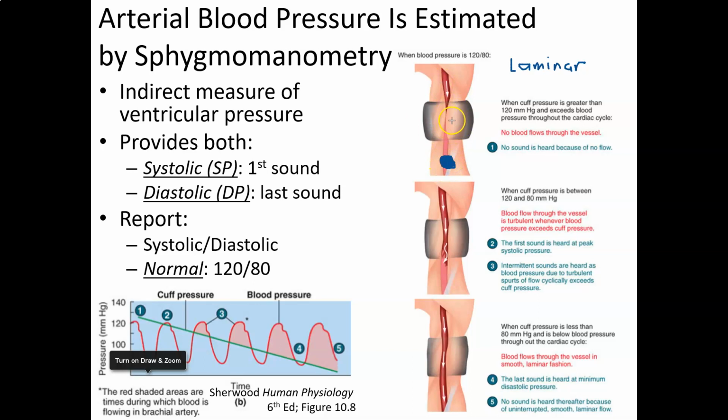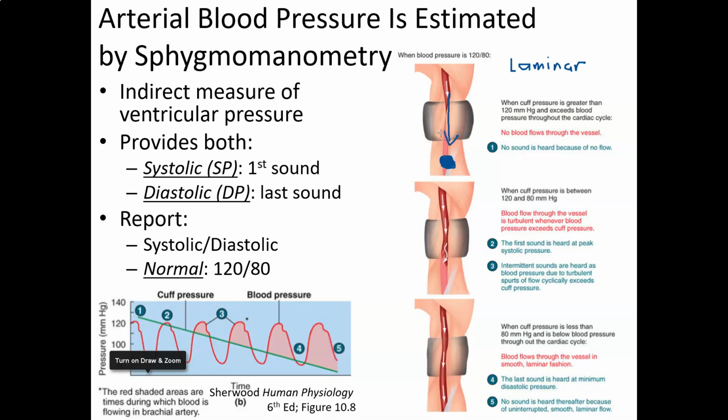When we have the cuff completely closing off the artery and we're listening to it downstream, so remember blood's going down this way, we don't hear anything because it's completely blocked up. It would be like damming a river. When you went on the downstream side of the dam, the water would disappear because there's no water coming through the dam. So anytime the cuff pressure is above systolic pressure, that's what we're going to see.